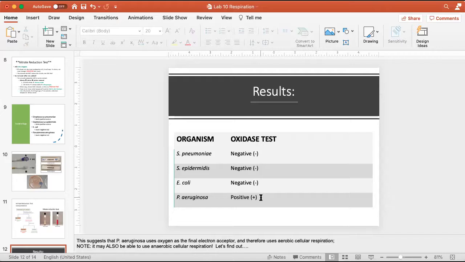Now, here's that point I made earlier. E. coli was negative for oxidase. Staph epidermidis was negative. Strep pneumoniae was negative. Does that mean that these don't use oxygen at the bottom of their electron transport chain? Can I say that? No, I can't. I can't say that because they may be using a different family of cytochrome. This test only tests for the cytochrome C oxidase.